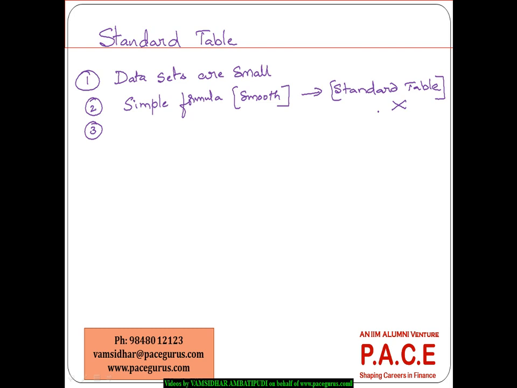Generating another standard table through this mechanism is nowhere close to reality. And it is more easy and more flexible because of both the simplicity of the formula as well as the data set that is available.